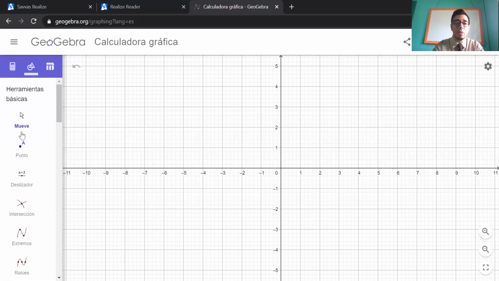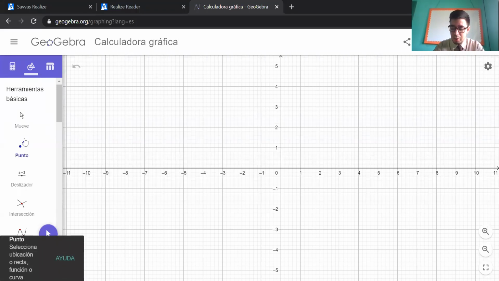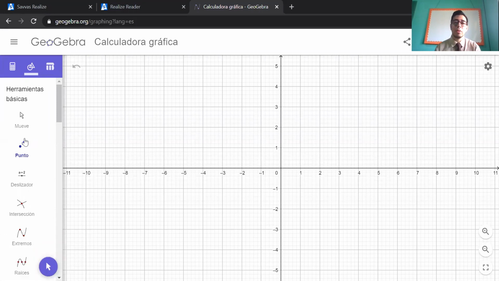So what I need to place are all the points. What are the coordinates for A? We need to guess because in here we don't have the names of the points, but we are looking at the grid, so I'm going to represent it with you again. For the point A, I have positive 3 for X and 3 for Y, located in here.